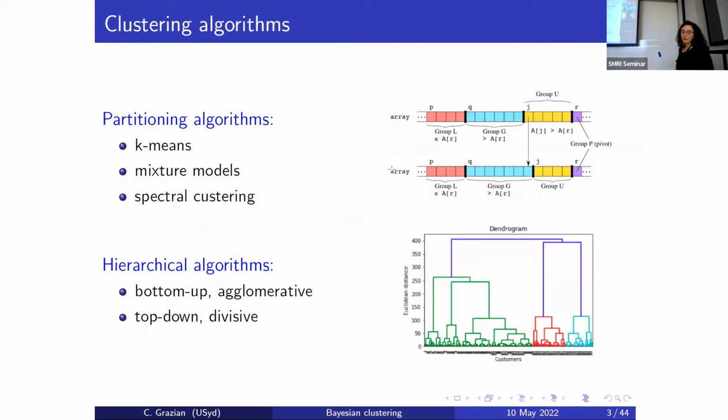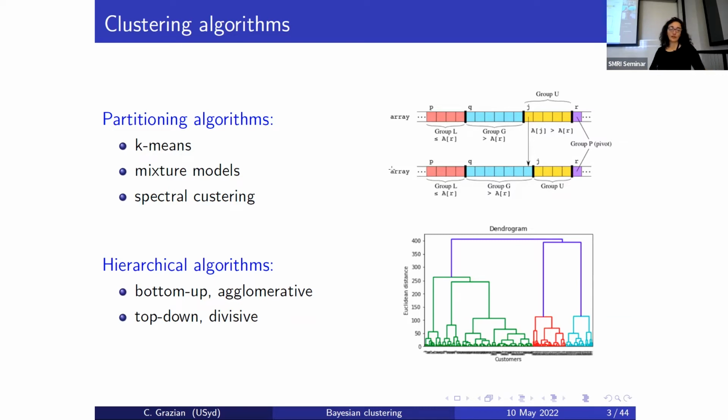It's difficult to find clusters, and there are many algorithms in clustering. This is part of the problem. I used one definition here, but there are many other types of splitting algorithms. One is finding partitions in the observations, and this is what k-means and mixture models usually do.